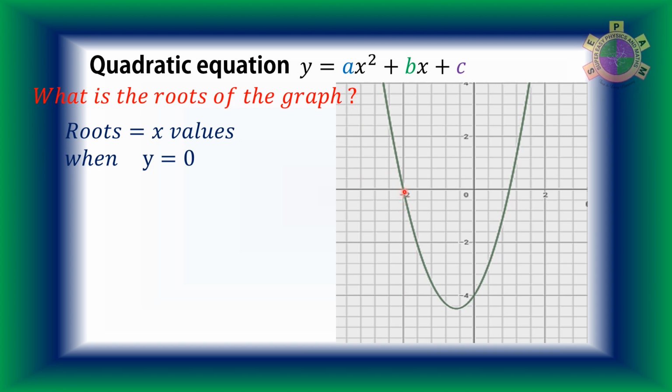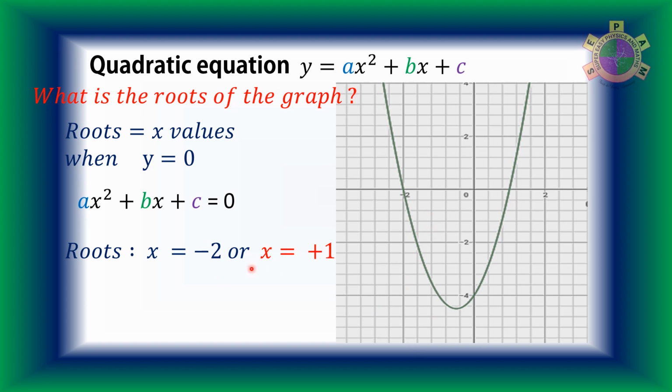For this particular graph, we cut the x-axis at x equals -2 and x equals +1. So at this point here, that is +1, and at this point here, -2. So these are the roots of the equation. If you are given the roots of the equation, you can be asked to construct the equation of the quadratic graph.